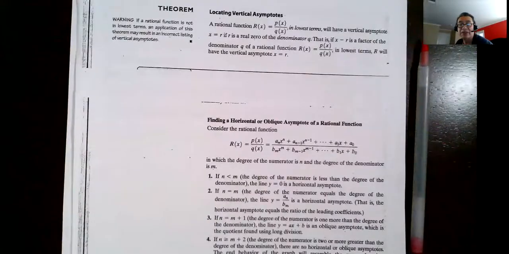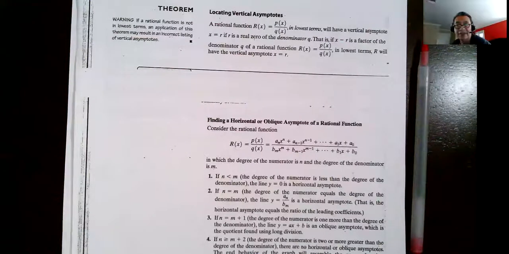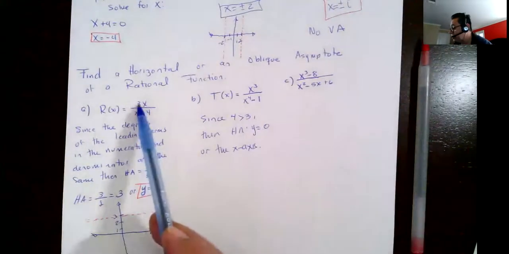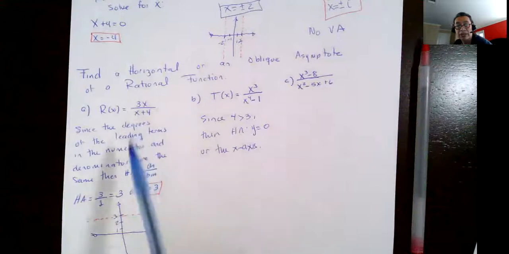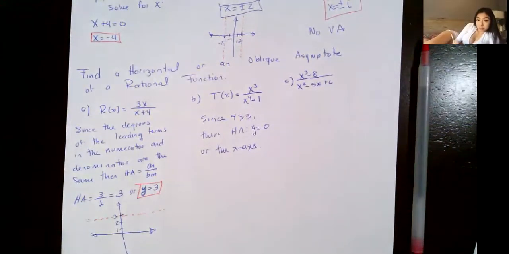Where n equals m, the horizontal asymptote is going to be the division of the coefficients, by the way. And what are the coefficients here? The coefficients are 3 over 1. That's what I wrote here, 3 over 1, which equals 3. All right, make sense? Yes. All righty, good question.